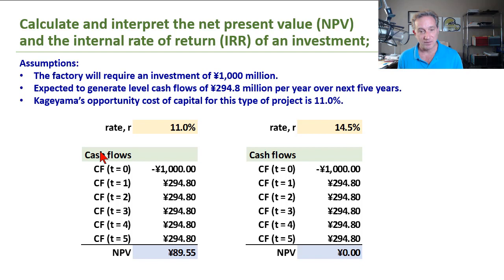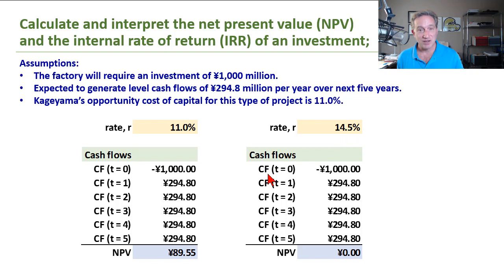Okay, so let's see how we did. You should get, for an 11% discount rate, right, and we have 5 years of level or constant cash flows, a net present value of 89.55. I guess that's million yen. And then if you compute the internal rate of return, basically solving for a net present value of 0, you should get an internal rate of return, an IRR of 14.5%.